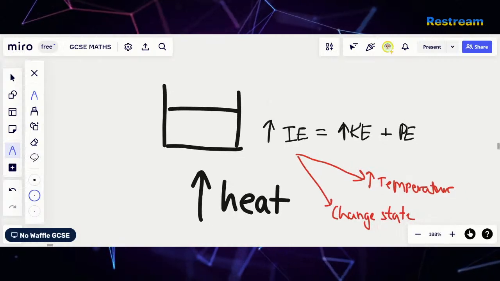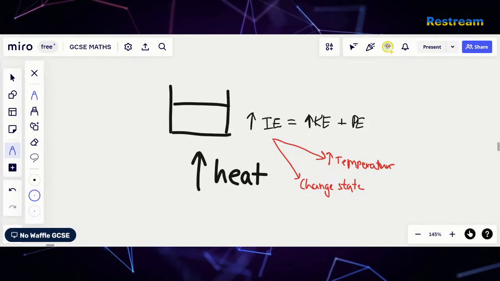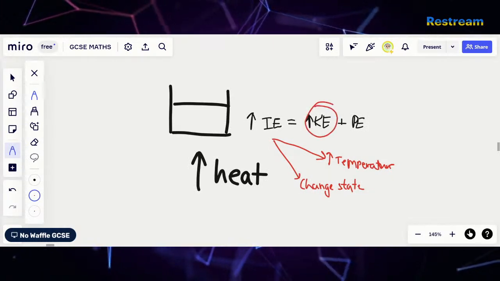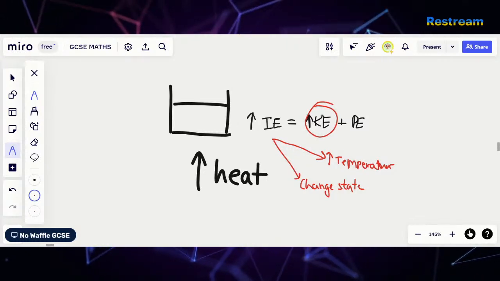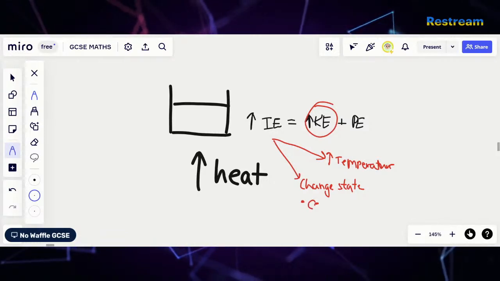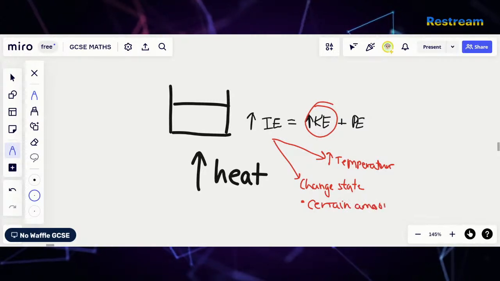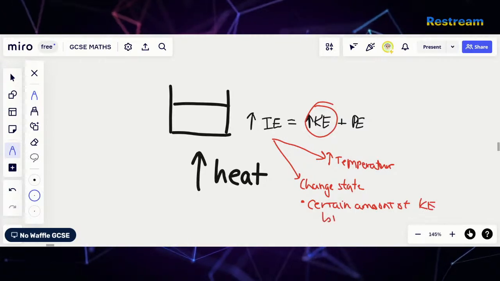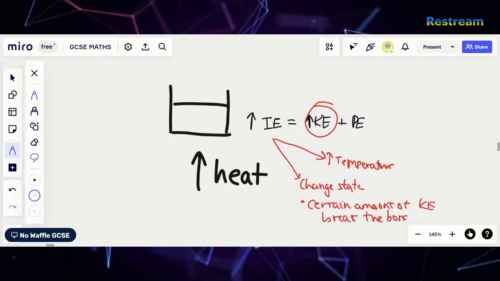A change in state occurs if the substance is heated enough that the particles have enough energy in their kinetic energy stores to break the bonds that hold them together. So changing state requires a certain amount of energy, which will help to break the bonds.